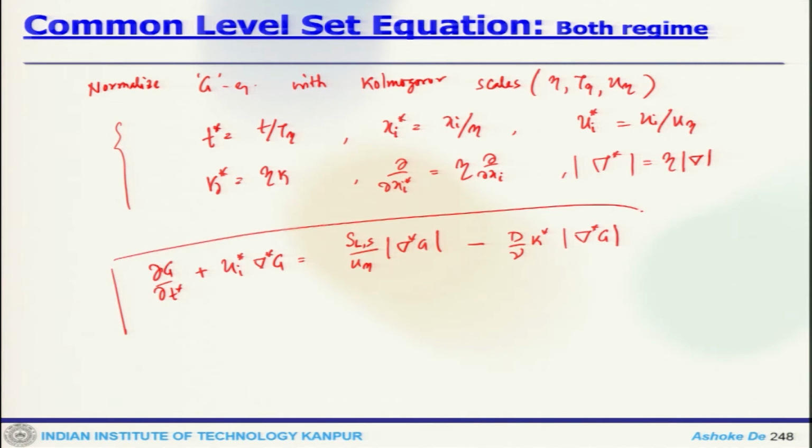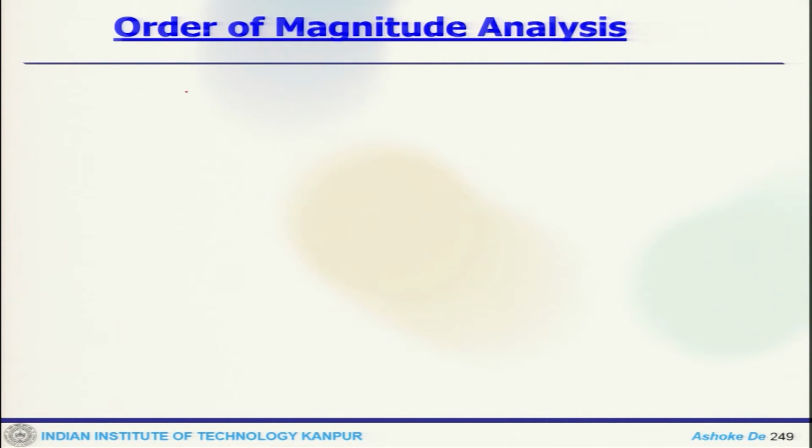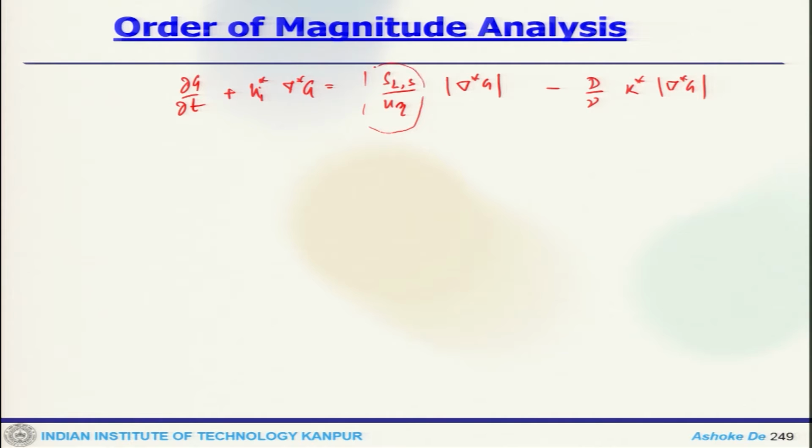So this is what we can write. We will look at now some order of magnitude of these terms. So this is the equation we are now dealing with. This is kappa star delta star G.